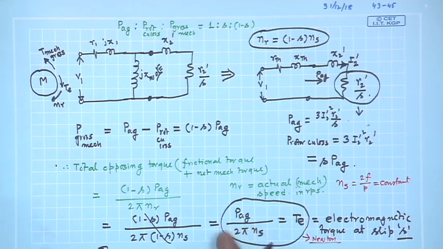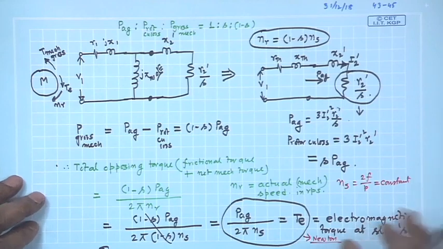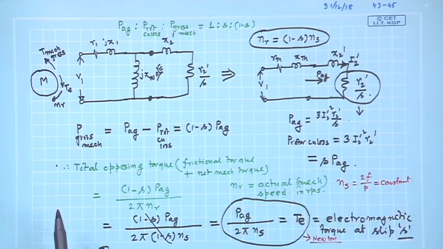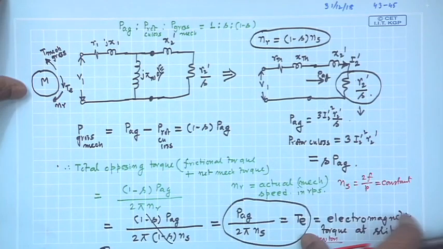Why? Because 2 pi ns is constant. So, if you have calculated PAG, electromagnetic torque is as such calculated. I have to simply divide by a constant number 2 pi ns. So, sometimes PAG is considered to be the torque developed, and PAG alone, its unit is watt. So, it is given a name, synchronous watt.